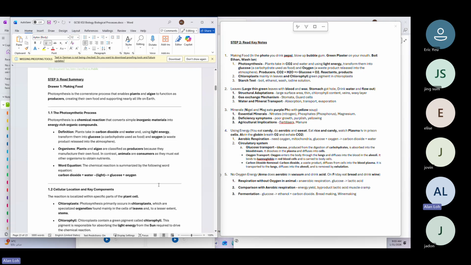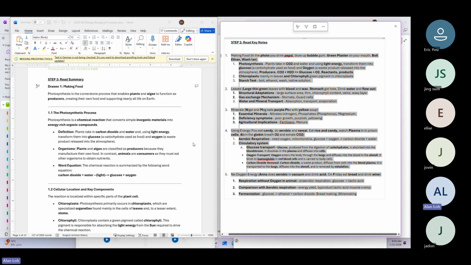So when you read this, ask yourself these questions. Which drawer is this? You only have 5 drawers. Whether it's drawer number 1, number 2, number 3, number 4, or number 5. By reading from here, you have an idea which drawer this is. Then also refer to your drawing, the 5 drawings that are right in front of you.